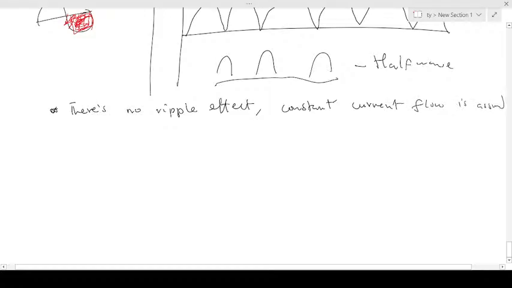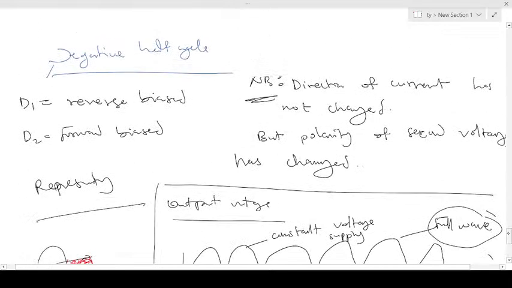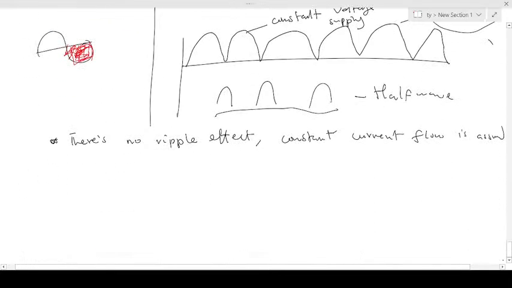Hence, that is the result in the waveform of that manner. Now, you can draw a line in this waveform, and that will be your V average.